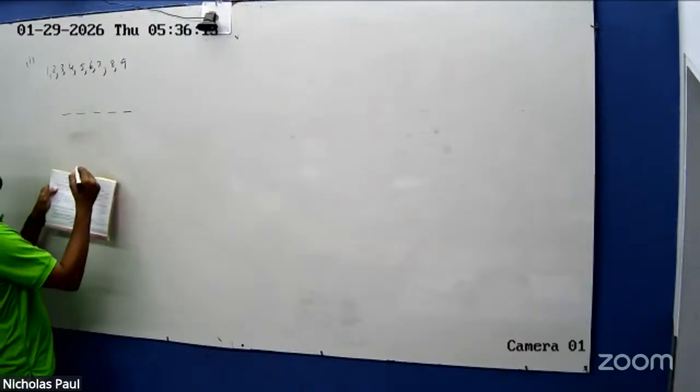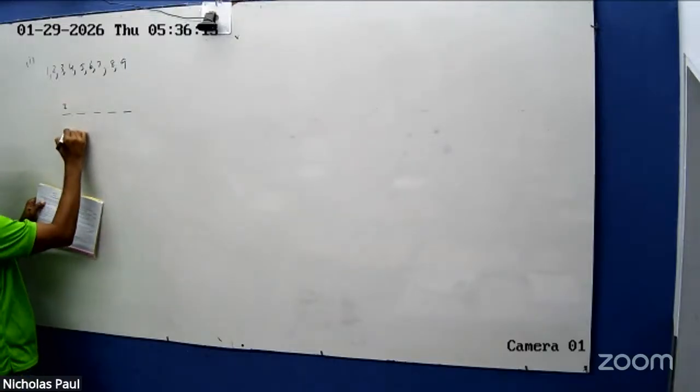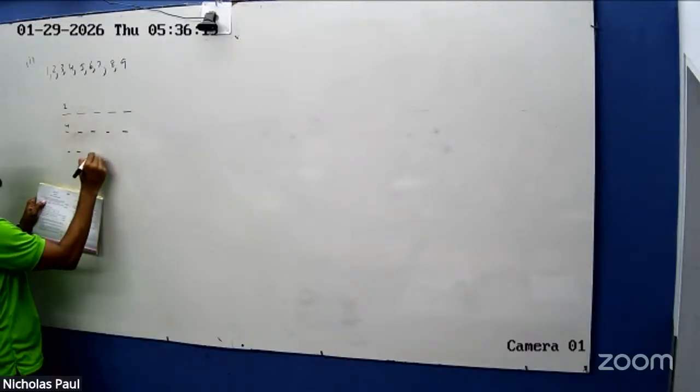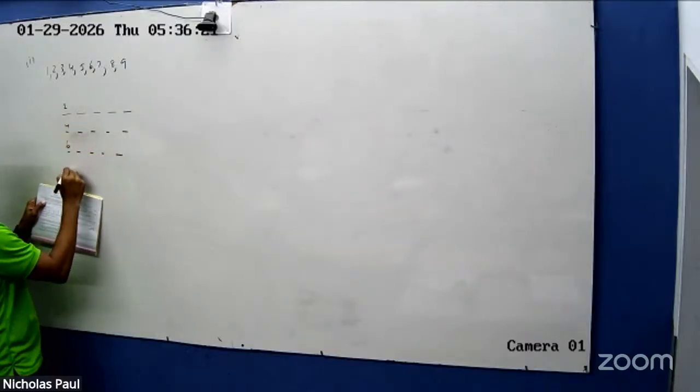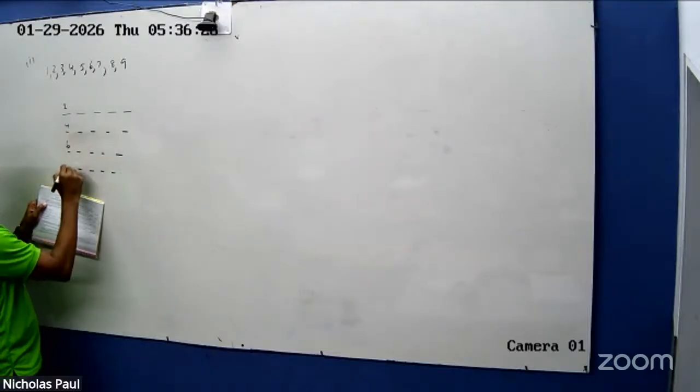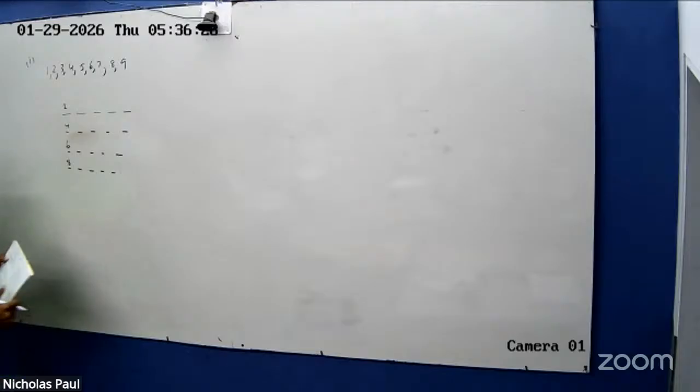Right, so the even numbers we have are 2, 4, 6, and 8.